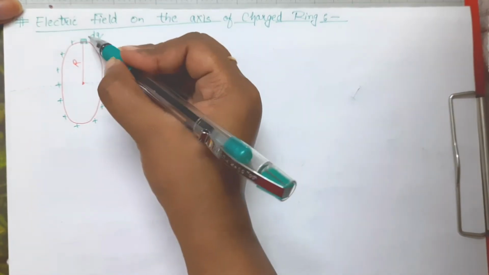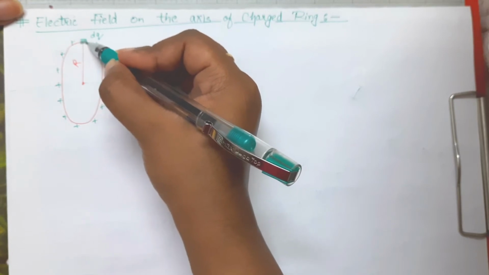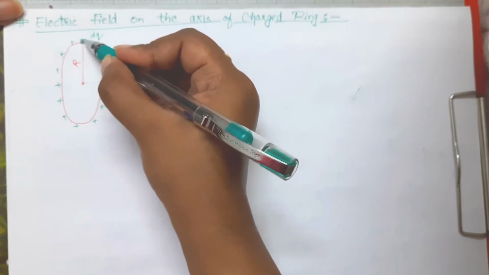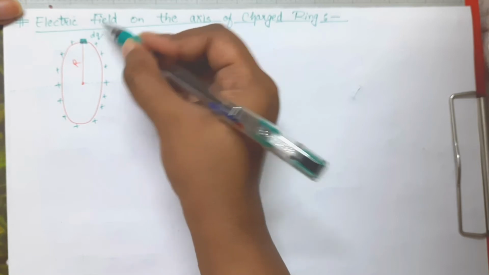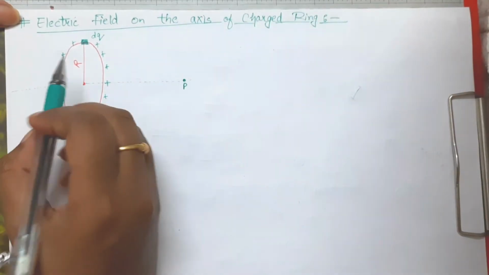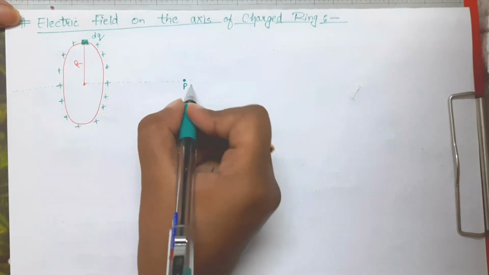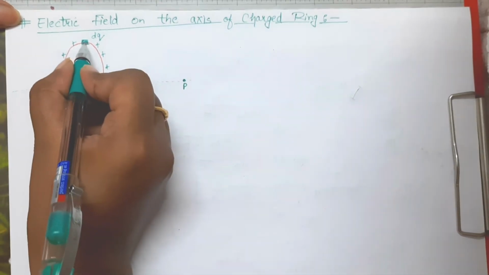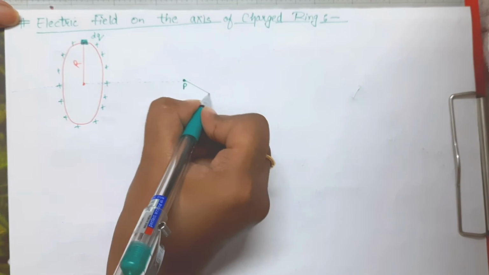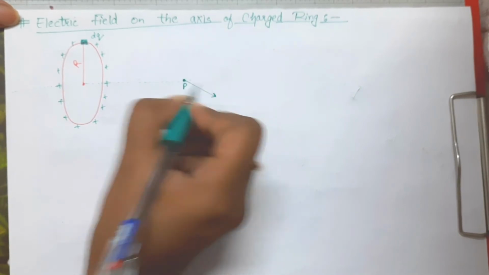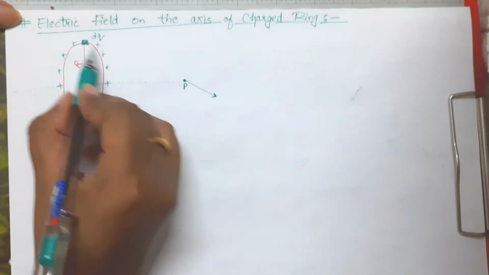Now we have cut out a small portion, small length dl, on which we have small charge dq. So again, due to this small charge dq, there will be a small field dE at this point, radially outward like this.